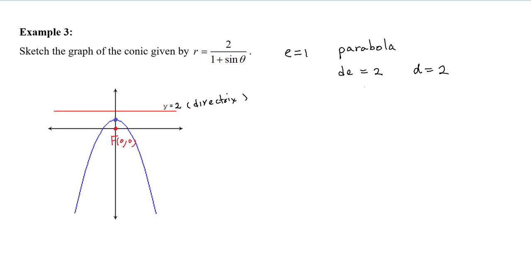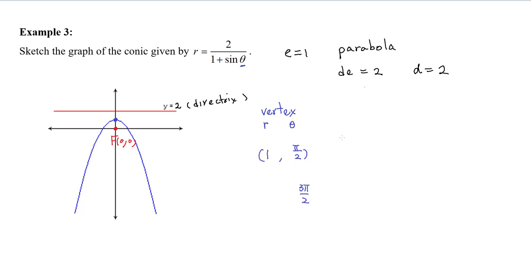Since it's on the y-axis, I'm going to get one point, and theta may be pi over 2 or 3 pi over 2. When theta equals pi over 2, sine pi over 2 is 1. So it's 2 over 1 plus 1, 2 divided by 2, which is 1. And this (r, theta) point is going to be the vertex of the parabola.